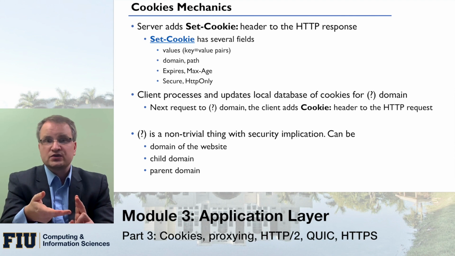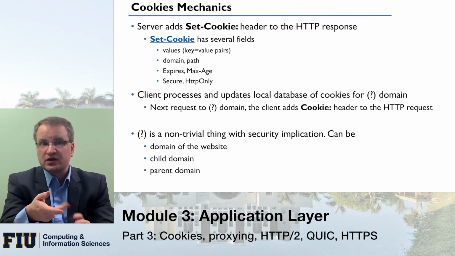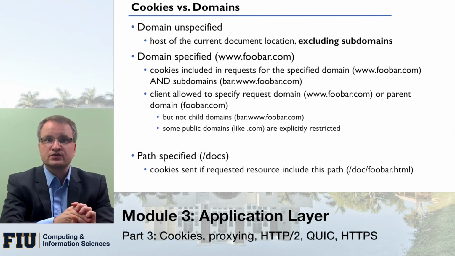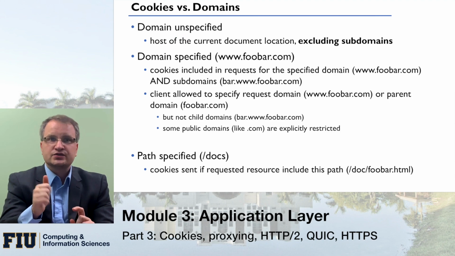Then it has to make sure the cookie has not expired, and then apply various restrictions. The simplest is the path restriction, and a little more complex is the domain restriction. Let me give you two specific ideas regarding these cookies and domains.